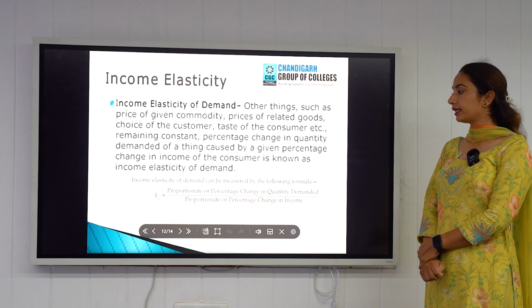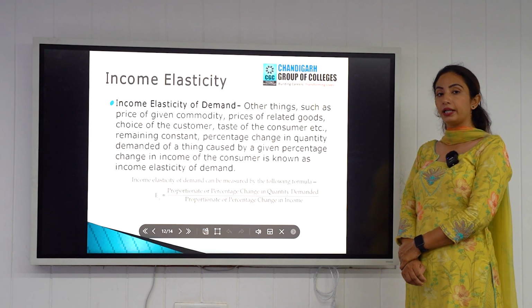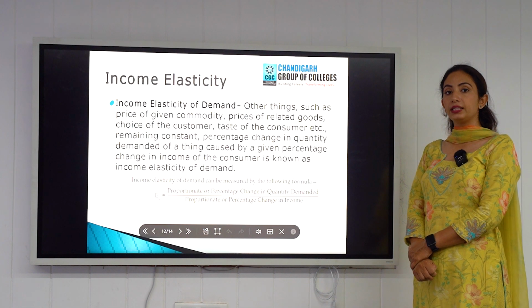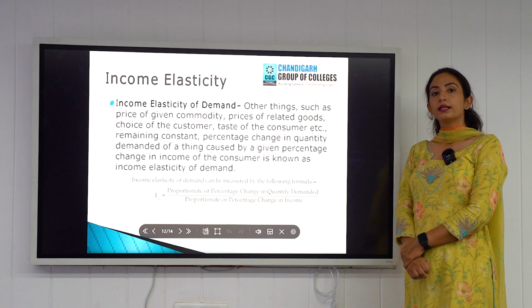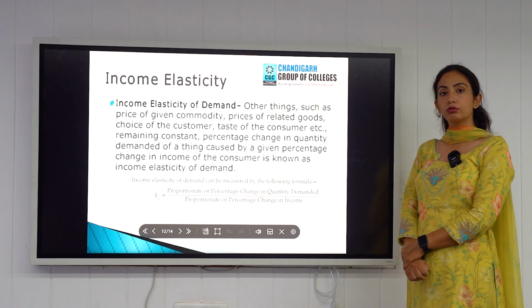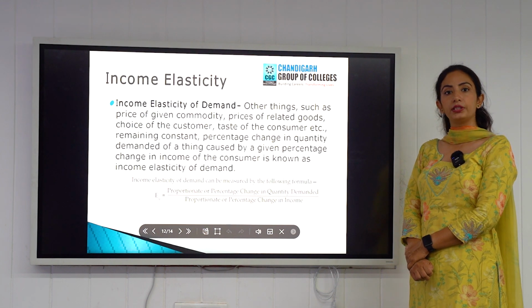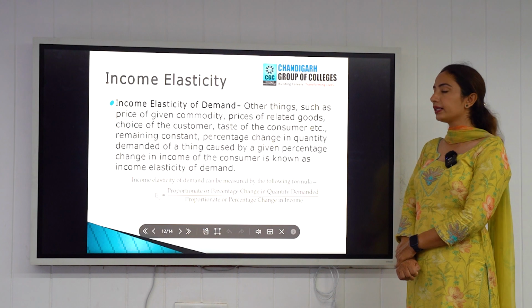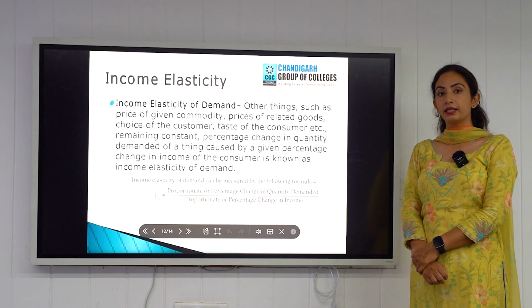So, income elasticity will be showing a ratio between the proportionate change in quantity and the proportionate change in income of the consumer. In case we are witnessing an increase in income, quantity demanded will also increase, so we will say that the income elasticity is positive. But on the other hand, in case things are going in reverse, we will be saying that income elasticity is negative.